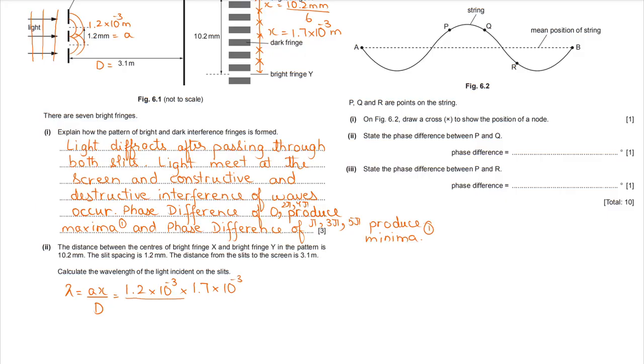And what is the value of capital D? That is 3.1 meter. Just put the whole expression on your calculator and you will get the final answer from there.